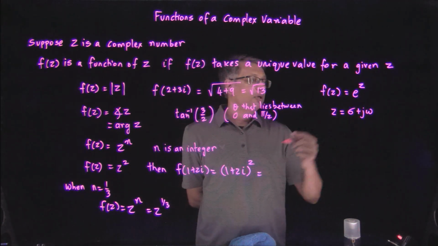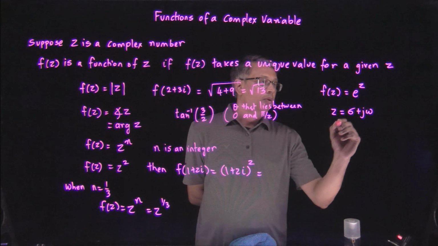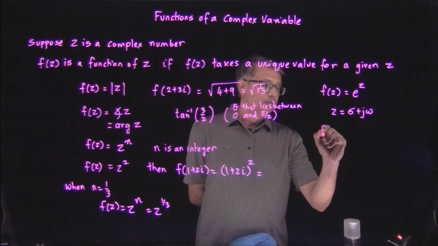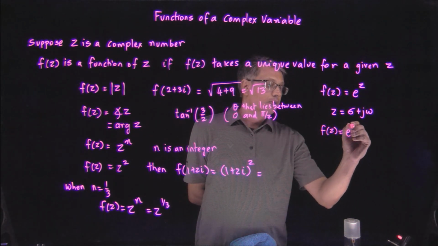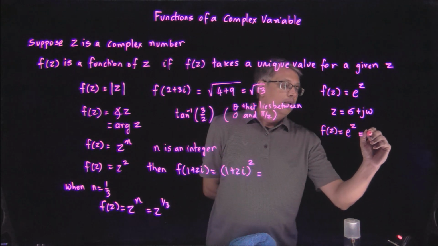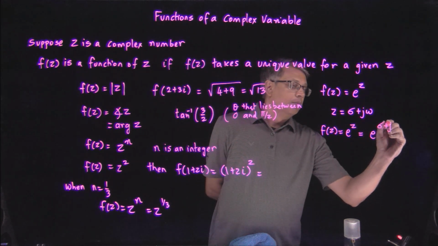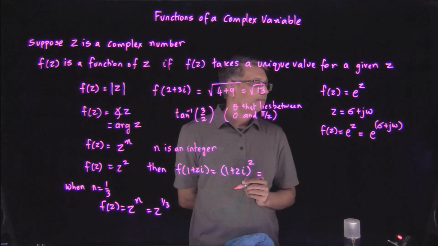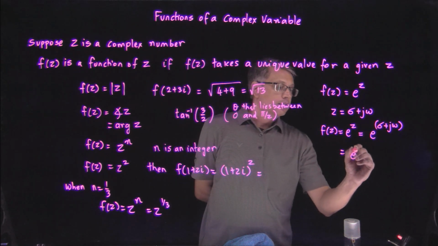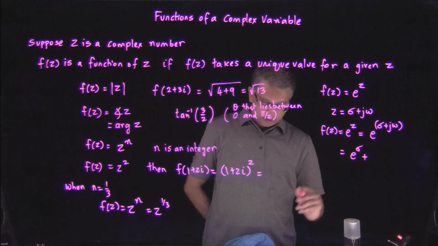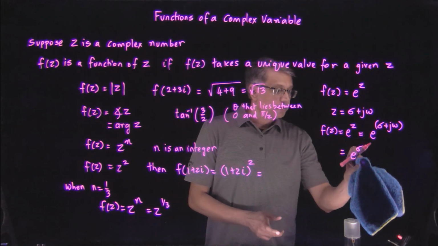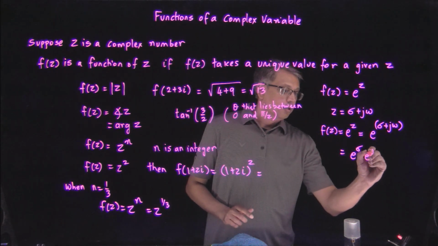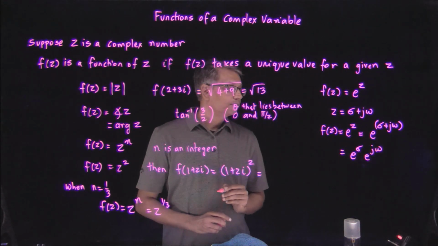So the real part is sigma and the imaginary part is omega. Then what is e to the z? So f of z is equal to e to the z, which is e to the sigma plus j omega, which you can write as e to the sigma times e to the j omega.